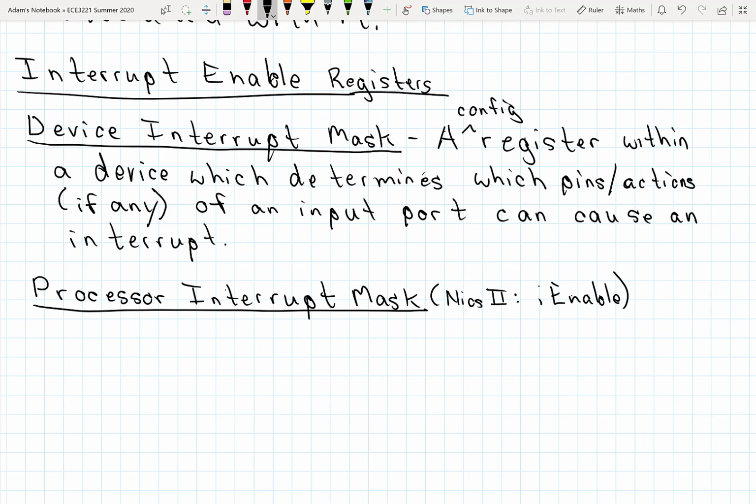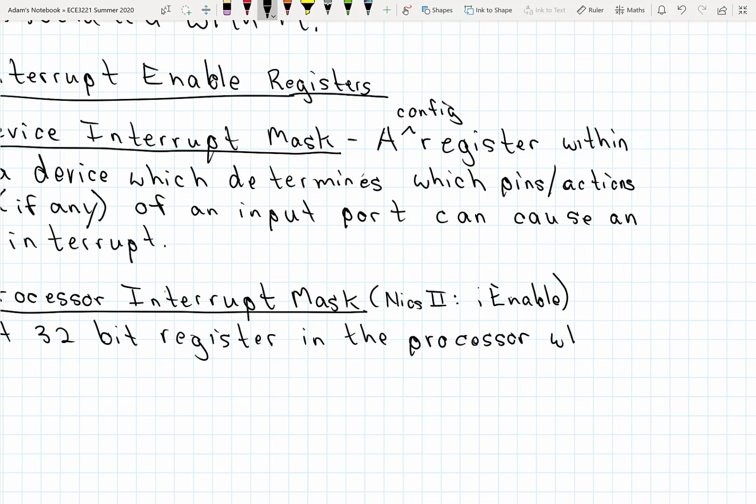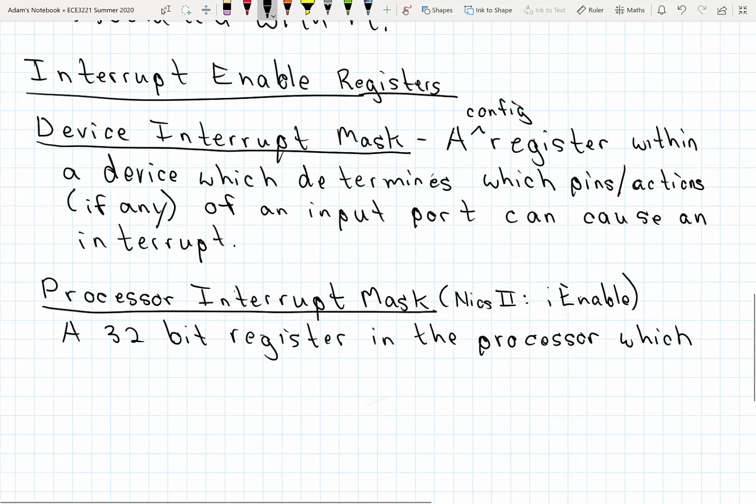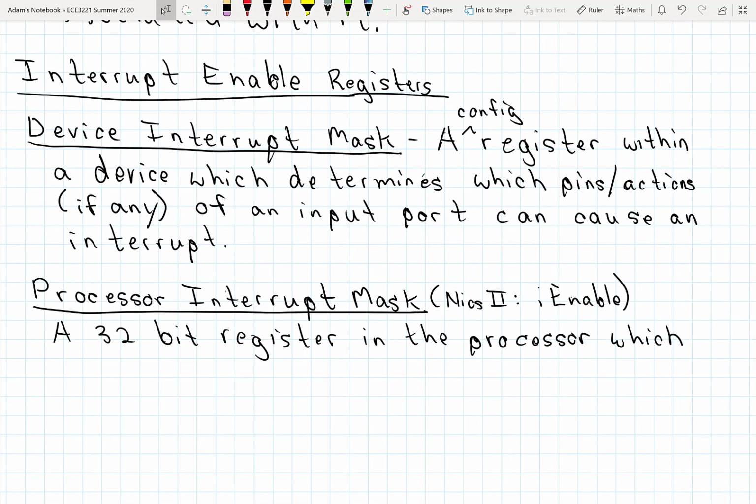Again, I guess this is specific to the NIOS 2. It's a 32-bit register in the processor. Again, keep in mind the 32-bit register is specific to the NIOS 2. It's going to vary in size and in configuration procedure for the various processors.